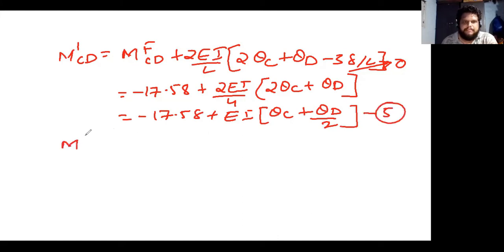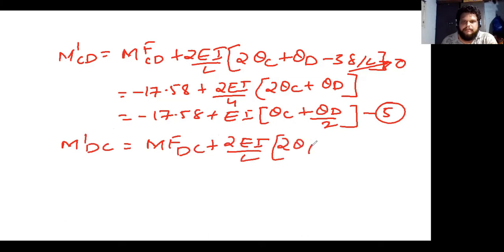Next, M dash DC equal to MFDC plus 2 EI by L into 2 theta D plus theta C minus 3 delta by L. So 3 delta by L is again gone.